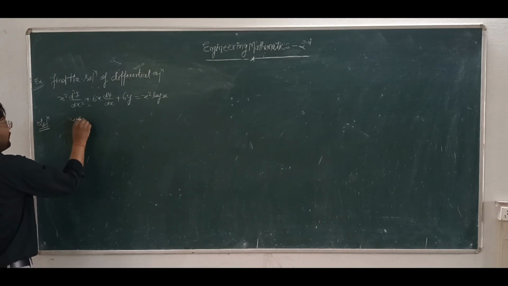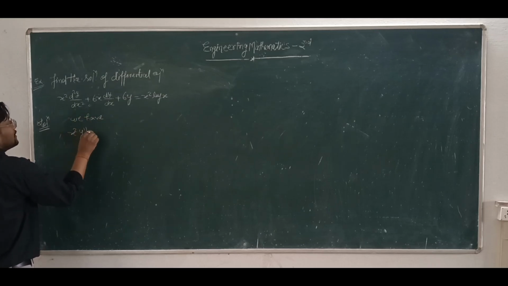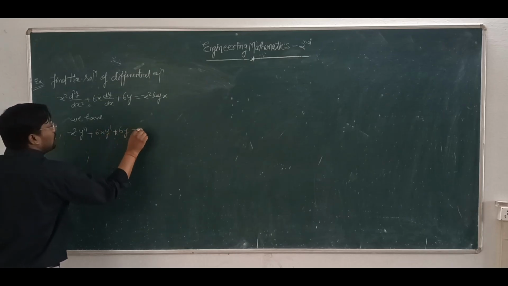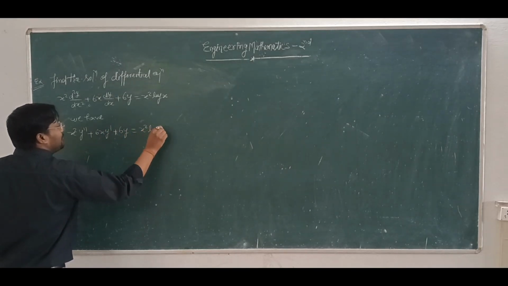We have x squared y double dash plus 6x y dash plus 6y is equal to x squared y.